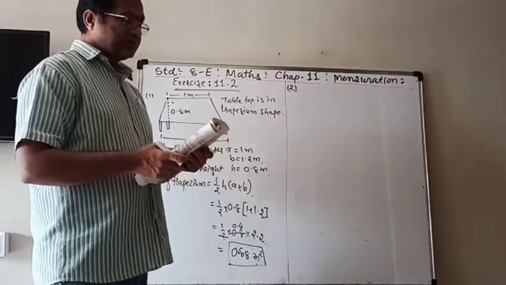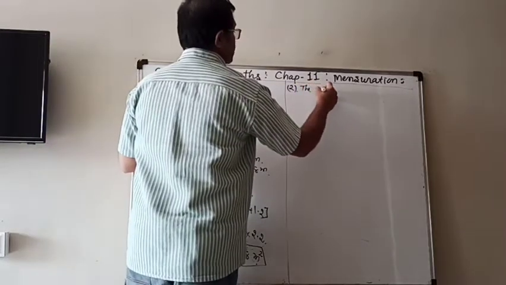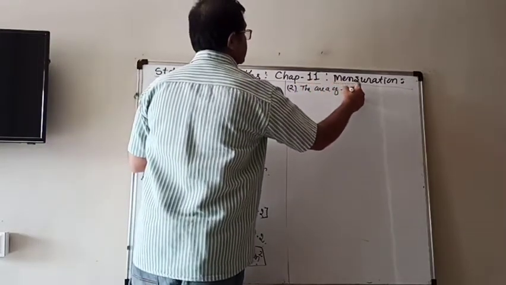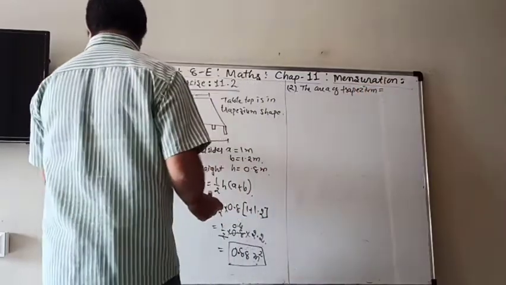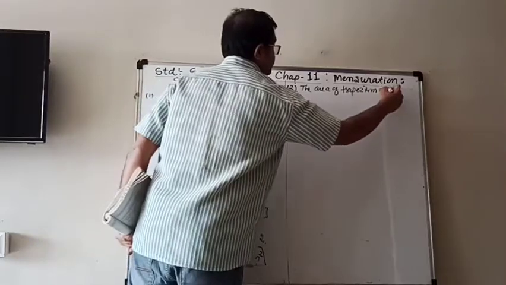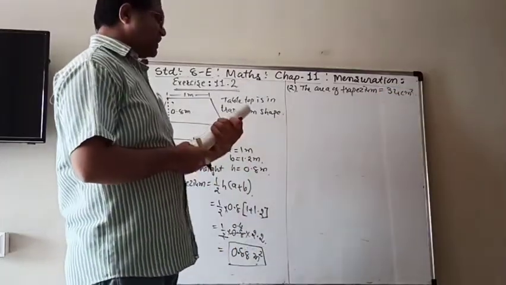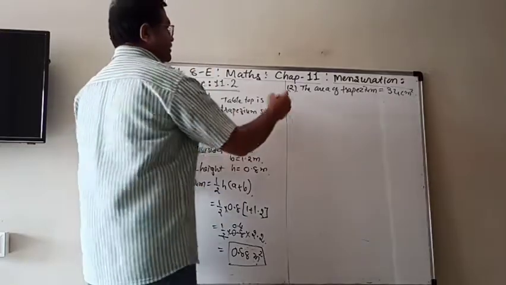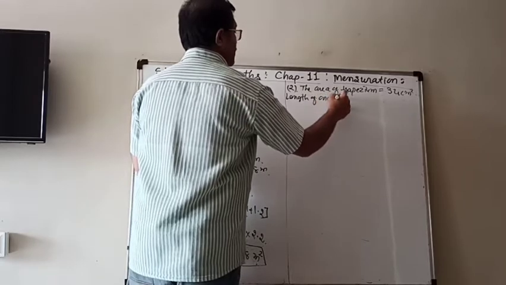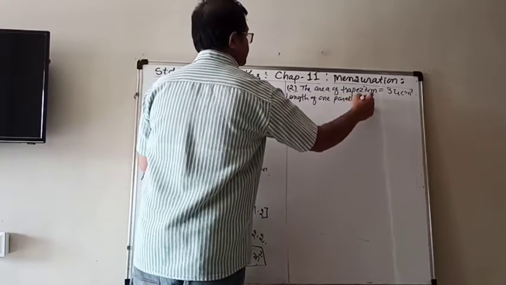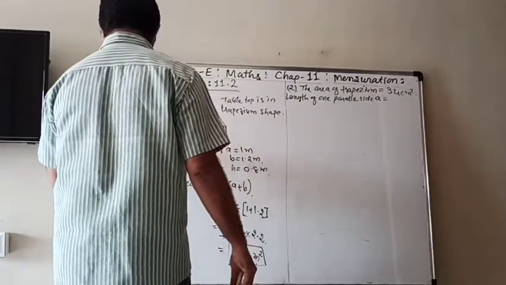Second one. In the second one, the area of the trapezium is given as 34 centimeters square. Now the length of one parallel side is given, we can take a as 10 centimeter.